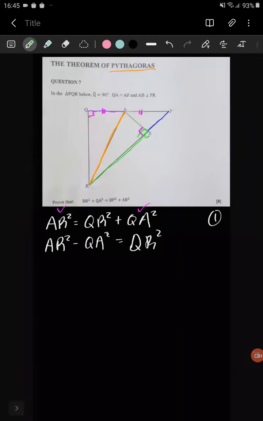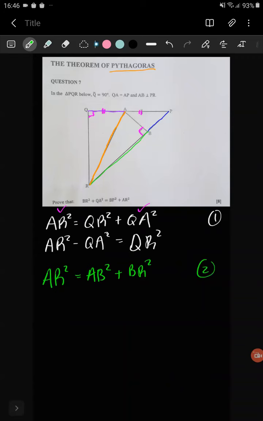The next triangle is this one, right? Let's write our Pythagoras theorem. AR squared is equal to AB squared plus BR squared. Now this is triangle number two. In this triangle here, let's check off what is in this expression. There's AR somewhere, so fine. And there's no AB, there's no BR.